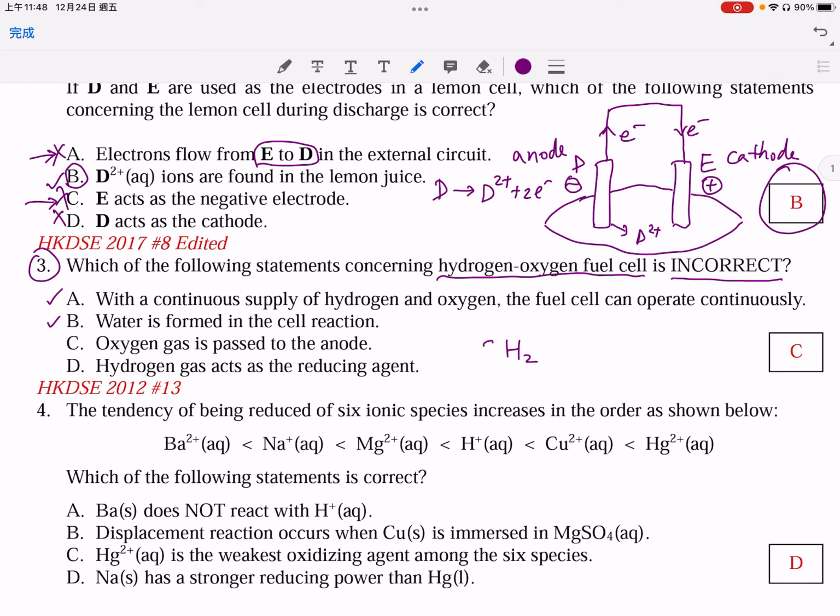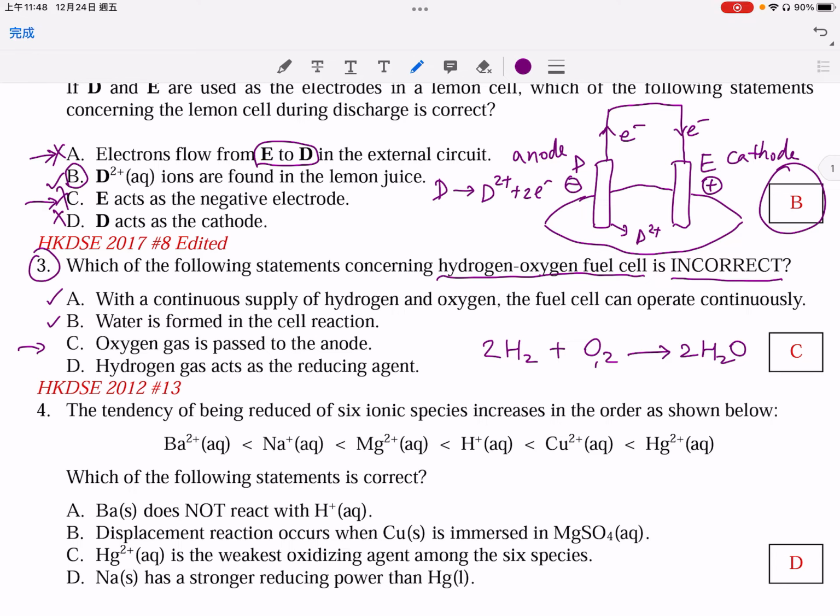Always bear in mind that the fuel cell works in such a principle, just like burning the fuel, hydrogen, combustion of hydrogen to give water only. This is of course the overall cell reaction. How about option C? Oxygen gas is passed to the anode. Oh, let's have a look.